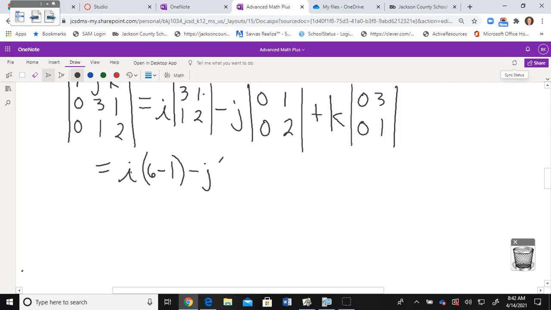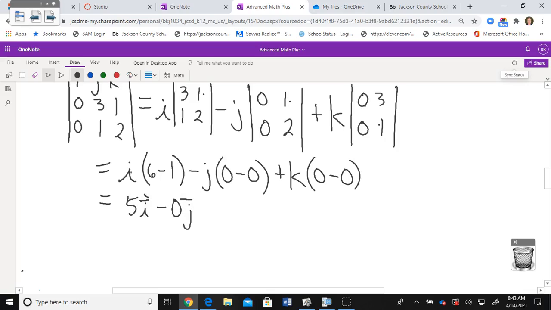Minus J. 0 times 2 is 0, minus 1 times 0 is 0. Okay? Plus K. 0 times 1 is 0, minus 3 times 0 is 0. So, I end up with 5 times vector I minus 0 vector J plus 0 vector K.